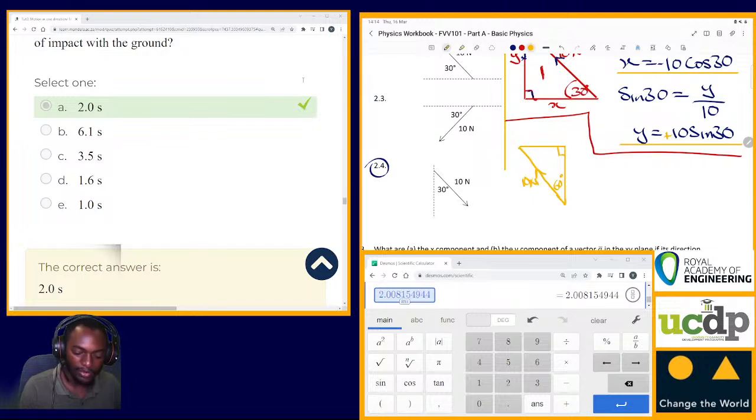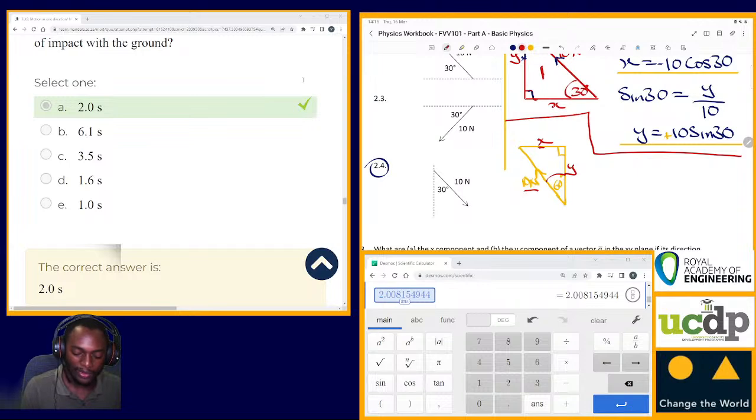We're still doing question 2.2, right? And we want size, this is still x, and this is still y. Let's start with x. So x now is on the opposite and y is the adjacent, which means for x we now use sine, because we have the opposite side and the hypotenuse, which is 10.